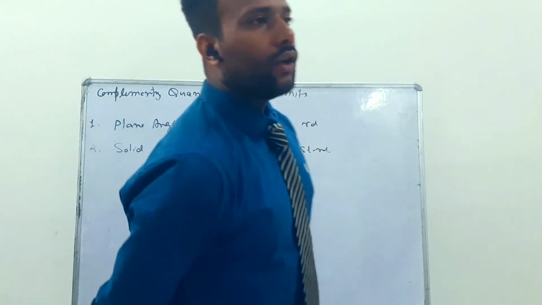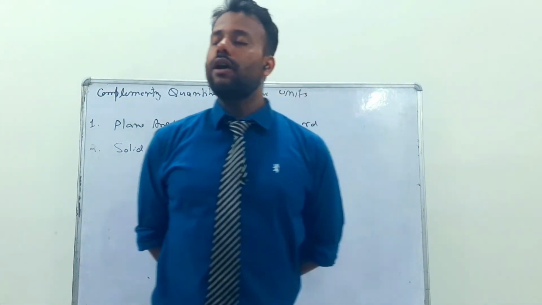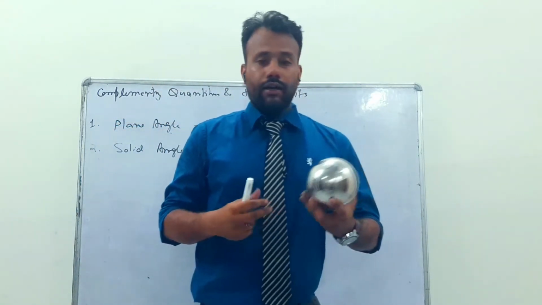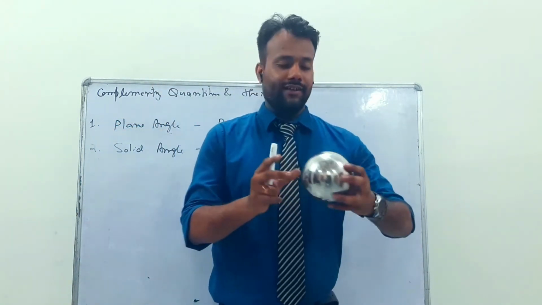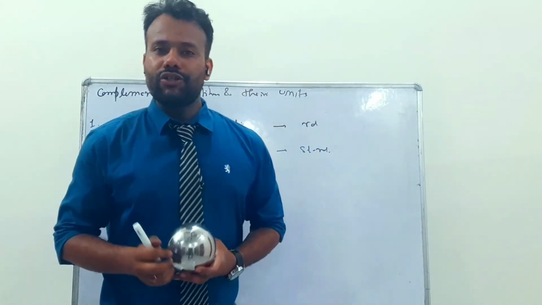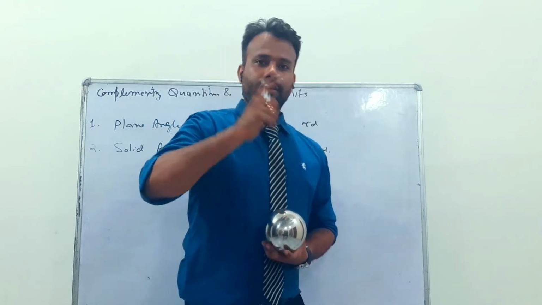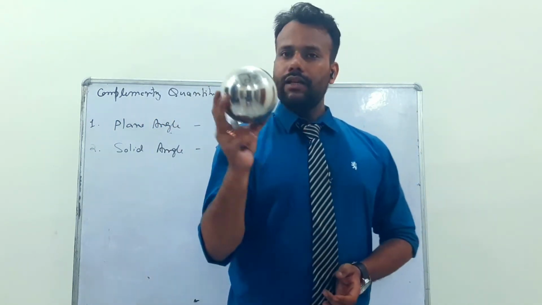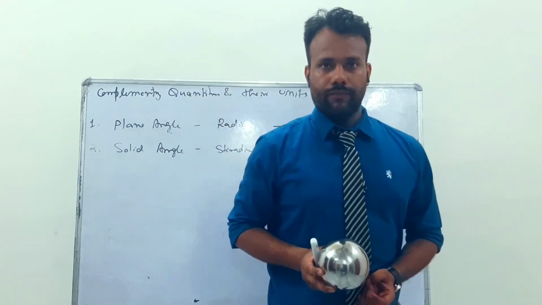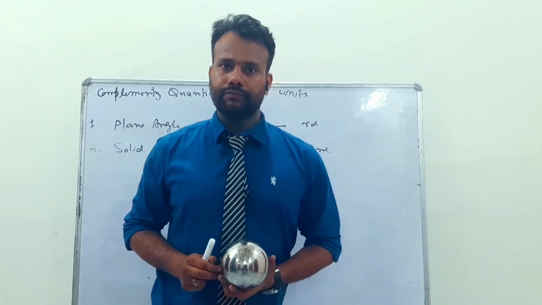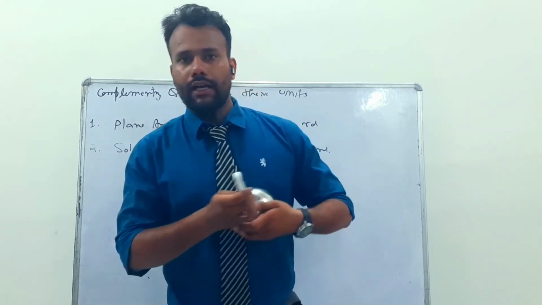Now to understand the concept of the solid angle, I have this metallic ball. I take it out from my stairs. Okay, so now you can see this is not a 2D structure, unlike the circle. Circle is a 2D plane. It has only x and y. But if you talk about this, it is a 3D structure. Now if you want to find out the angle at the center, now who will make an angle at the center?